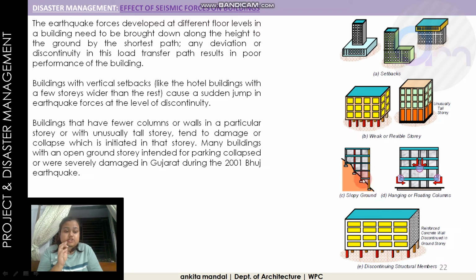Then if there is sloping ground, or there is no column in this part, that damages the building. Also, reinforced concrete walls discontinued on the ground floor are very weak. If the reinforcement is continued to the ground floor, it is much stronger.